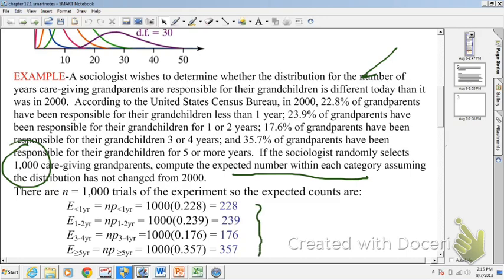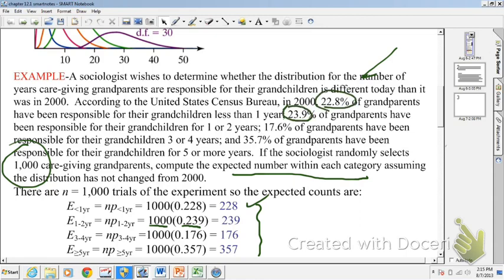Okay, so this notion of expected counts. You've got 1,000 trials of the experiment, and your sample size is 1,000. So the expected count for less than 1 year is 228. The expected count for 1 to 2 years, notice how they're doing that. We're just taking the relative frequency times the sample size. So remember here were the relative frequencies.